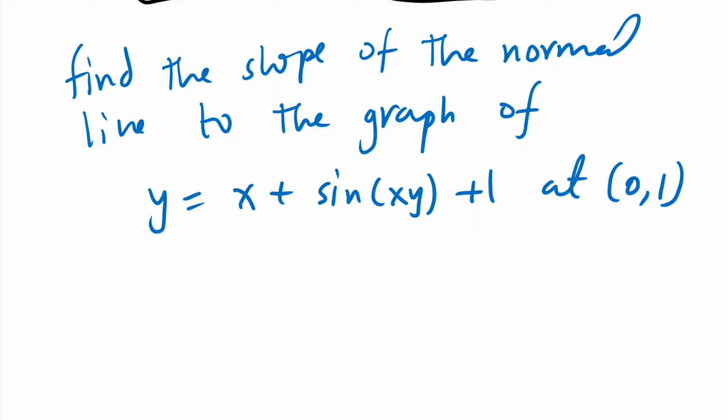So the normal line is the line, if you have a curve and you have a tangent line, the line that is perpendicular to the tangent line.